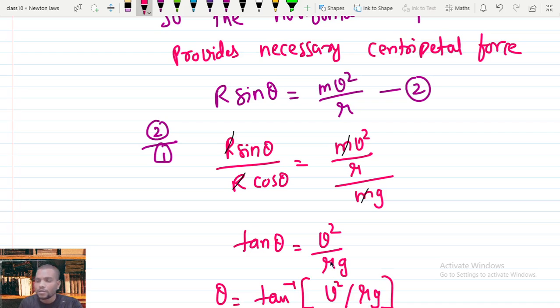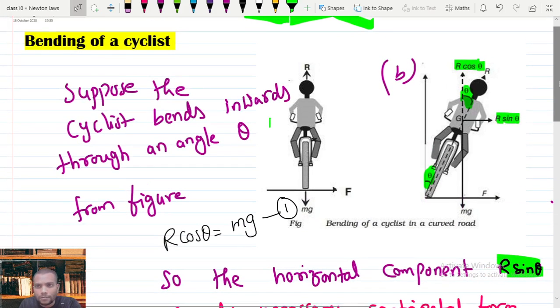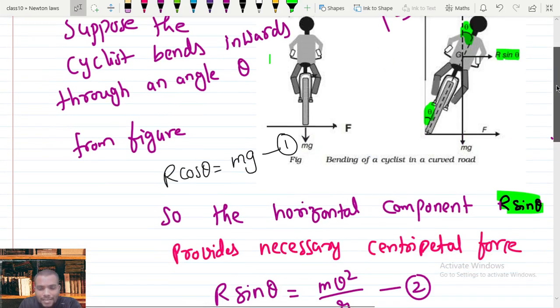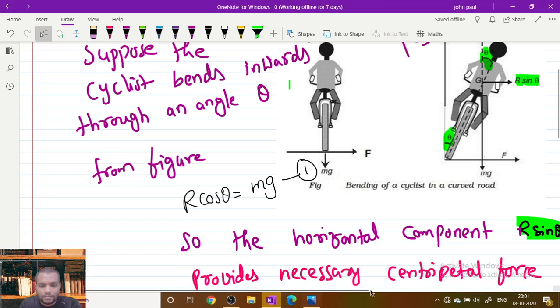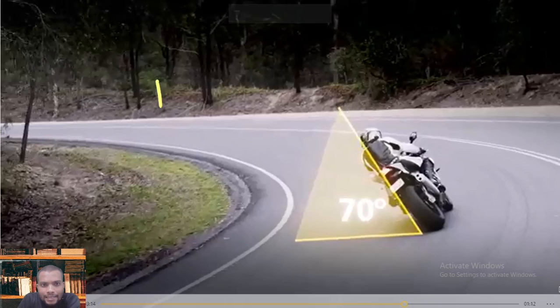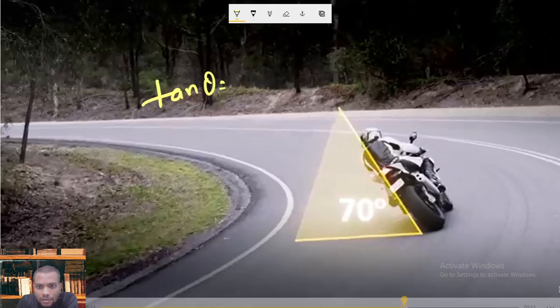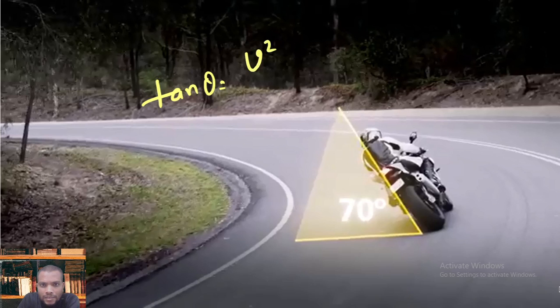How much should the cyclist bend without falling? To calculate that, how much angle the cyclist should bend, the angle is purely dependent upon the following factor, tan theta equals v square upon rg.